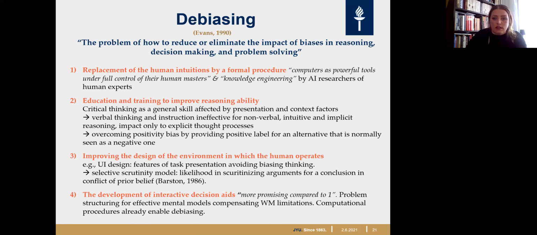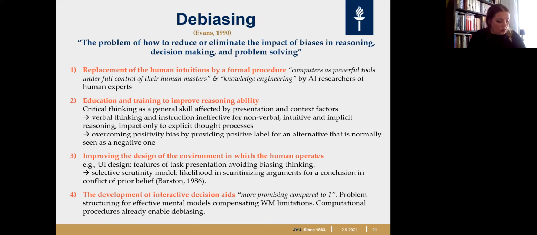And Evans says that these are more promising compared to the first one. That is, problem structuring for effective mental models, compensating working memory limitations. It refers to computational procedures, and he thinks that if computational procedures are presented to decision makers, representing the description and the information on which the decision making is based, it already enables biasing.